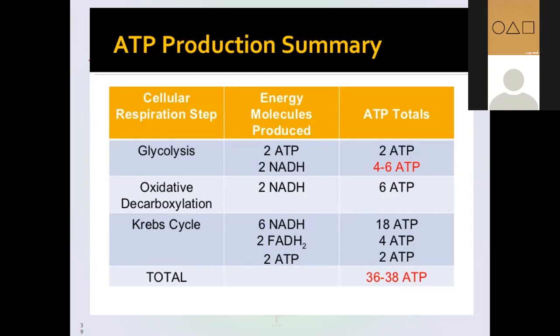Although you will encounter more modern text na mas precise yung assignment nila sa total ATP, no? So baka malito kayo magbabasa kayo ng ibang books, tapos makita kayo ibang calculation ng ATP.